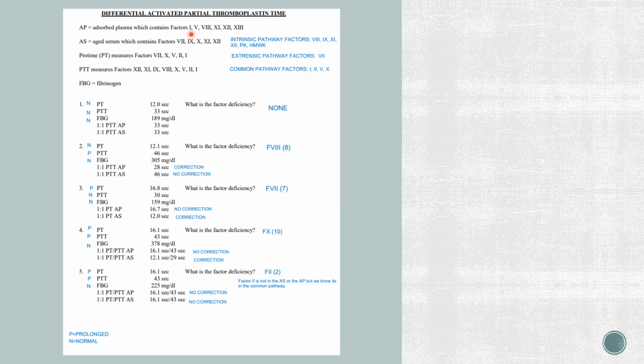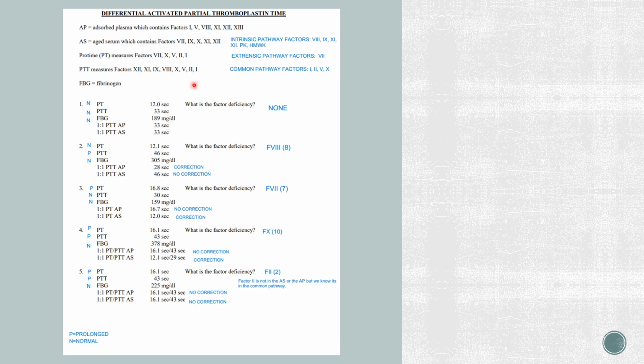So we know it's not factor 1, 5, 10, 7. 2 isn't in there, but it's not factor 2 because if it were factor 2, we would also see a prolongation in the PT because it's in the common pathway. So we know it's not the common pathway, so scratch those. None of those will be it.